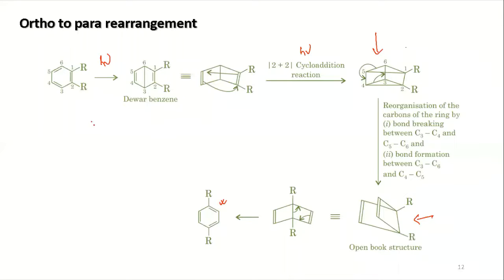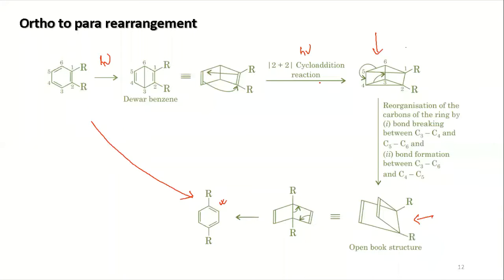So you have two probabilities. Based on the situation, the ring opening will happen, and you will have the product formation. So these happen in a coincided way. I just told you, this is a vast topic.